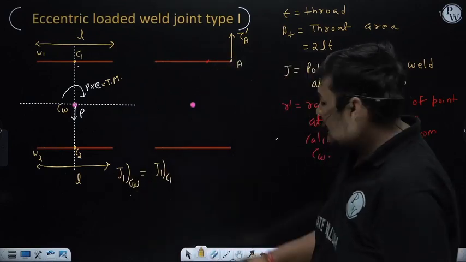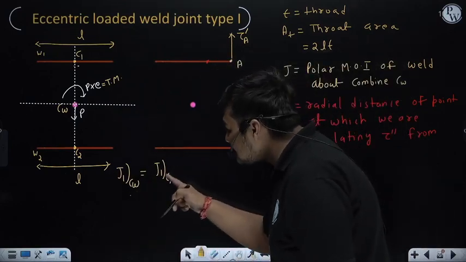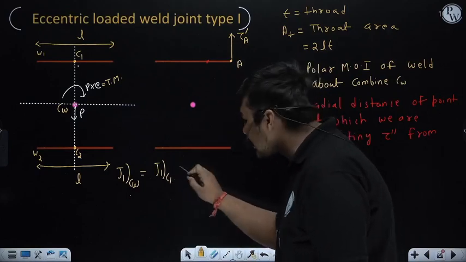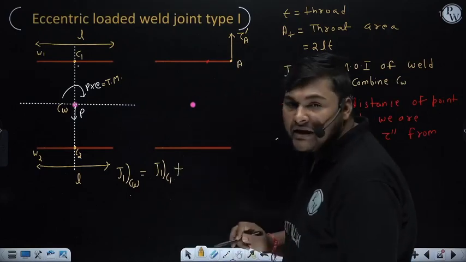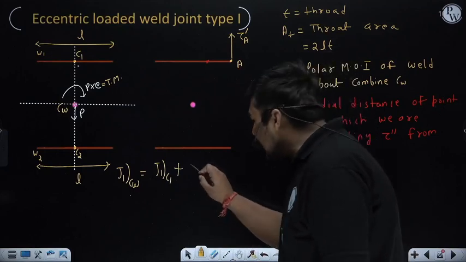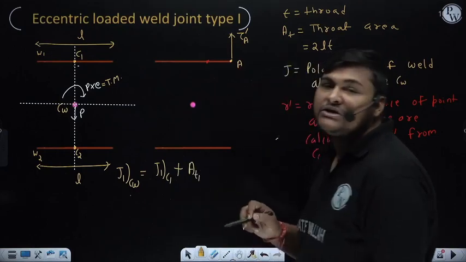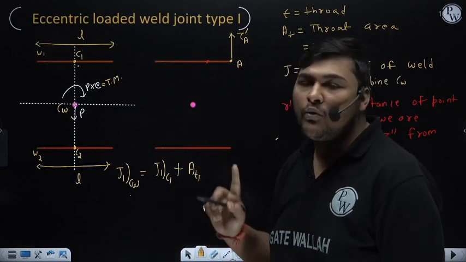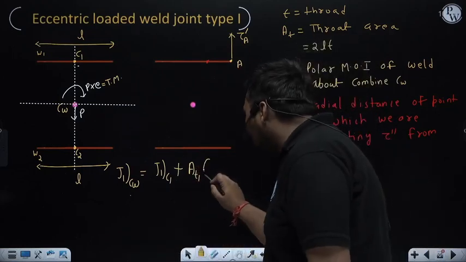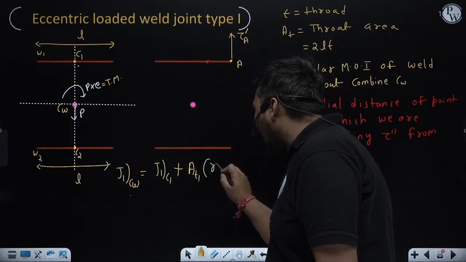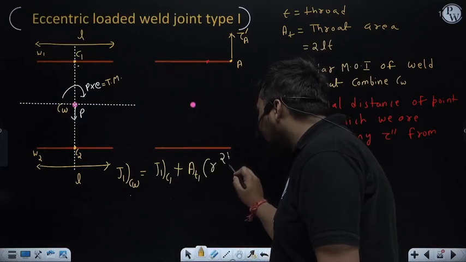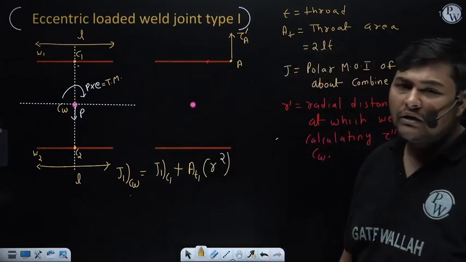What is the parallel axis theorem? To the polar moment of inertia about the centroid of weld 1, we add a term. And what term do we need to add? A, that is AT1, the throat area of weld 1, or the area of weld 1, into R square. And what is R here?